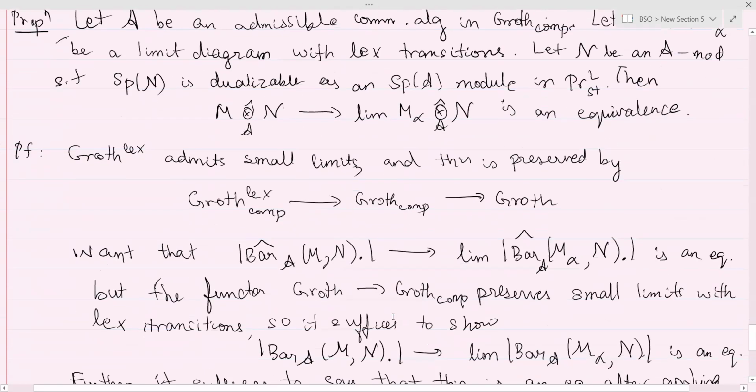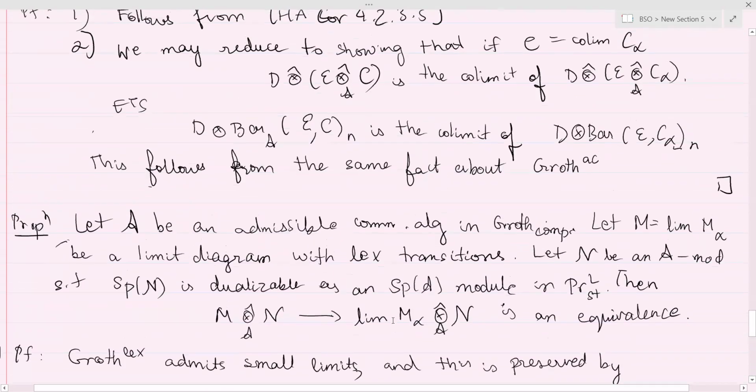So that finishes everything I want to say. In conclusion, this is a bunch of technical things, but we showed that for an admissible commutative algebra, we can define relative tensor products, and that these behave well with colimits along almost compact maps and limits along left exact transition maps.